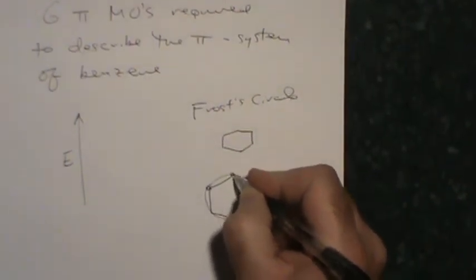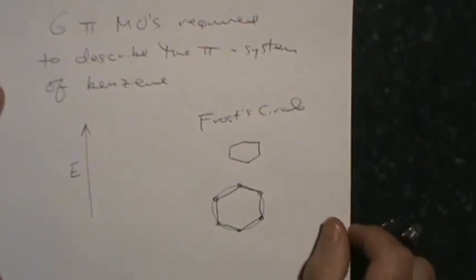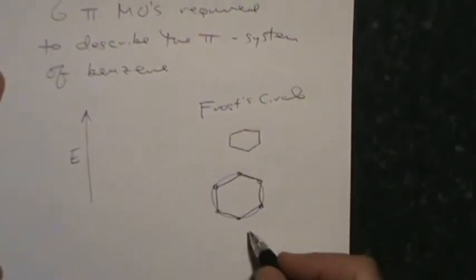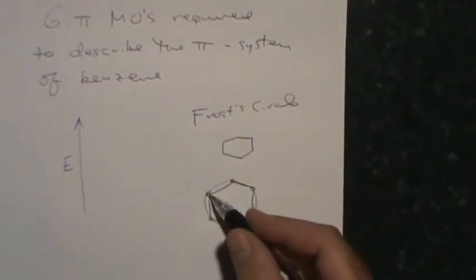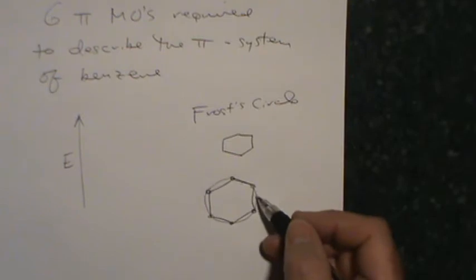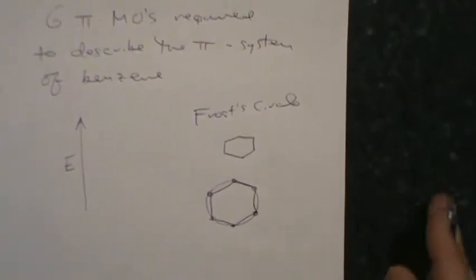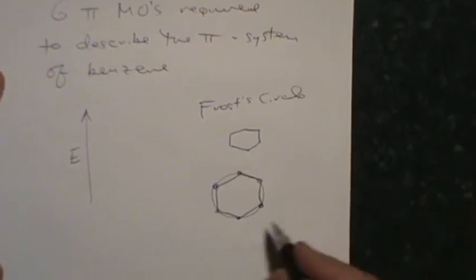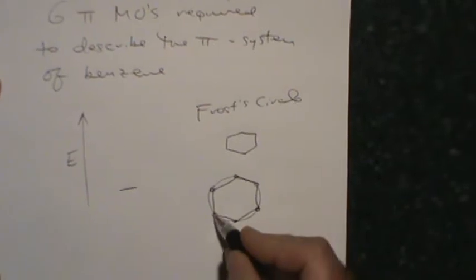And I'm going to put a little dot along that circle everywhere that a vertex touches the circle. If you've done this accurately, at every point on the circle where a vertex of the regular hexagon touches, that represents an energy level of one of the pi molecular orbitals. So notice that there's 1 at the very bottom, then there's 2 up above.